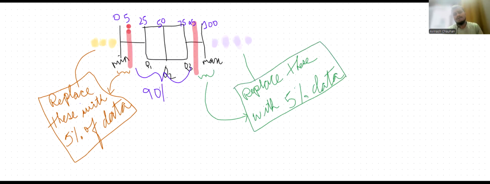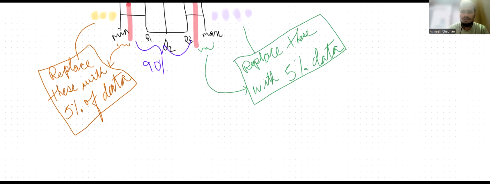With this 5% of data, again, what is this data? It is from 95 to 100. And what is this 5%?